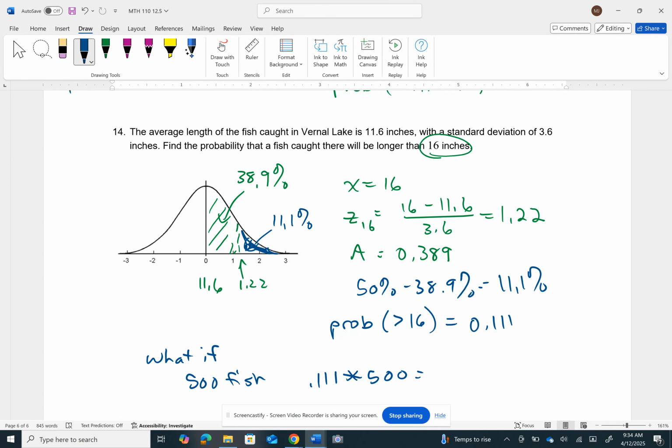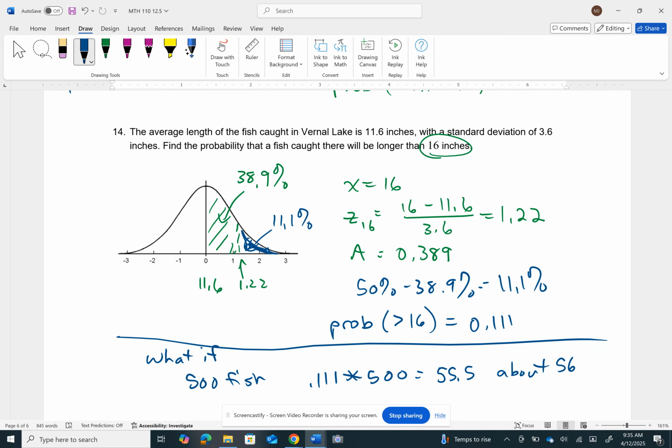Okay, so that was not the question. That was to be aware that you have the skills to do that. All right, let me get my calculator. 0.111. So if we had a sample of 500 fish, we'd expect around 56 of the fish to have lengths more than 16 inches.